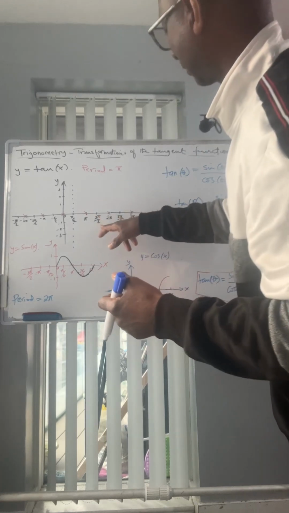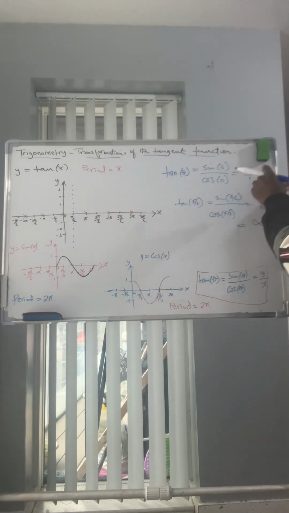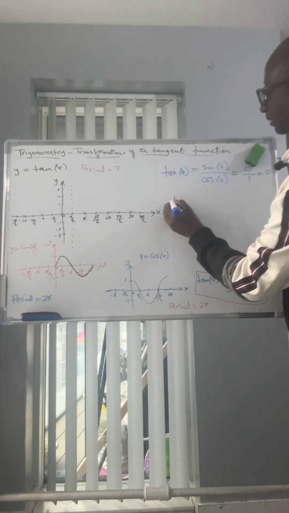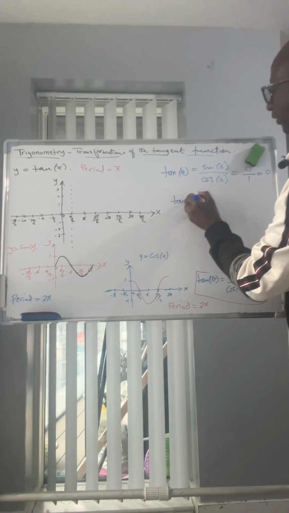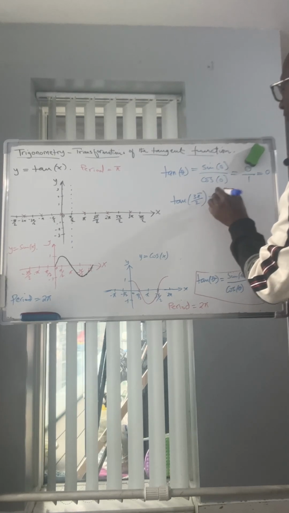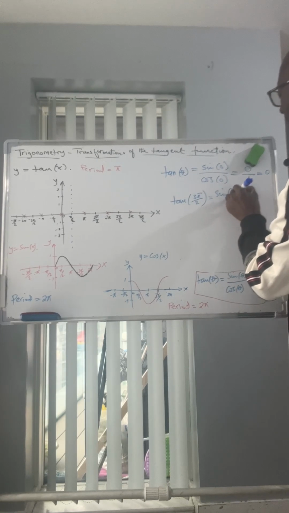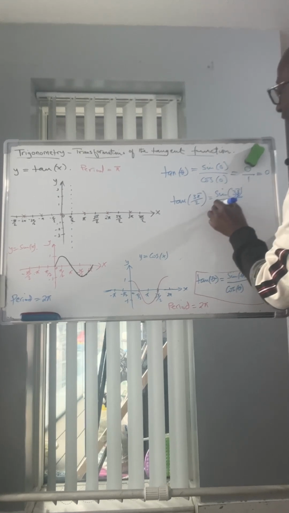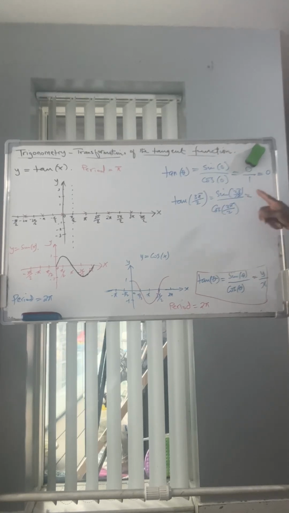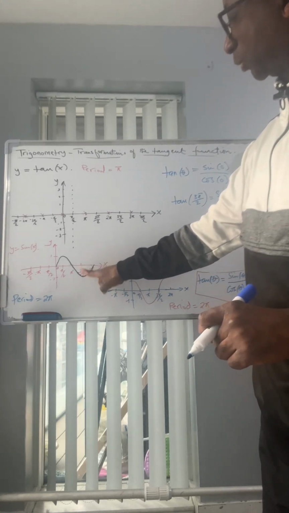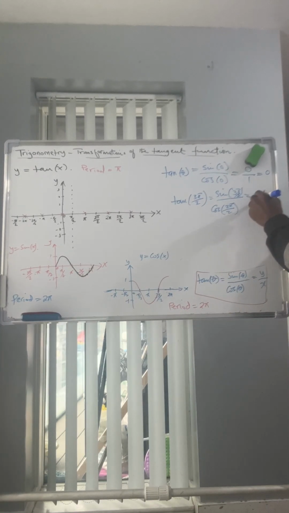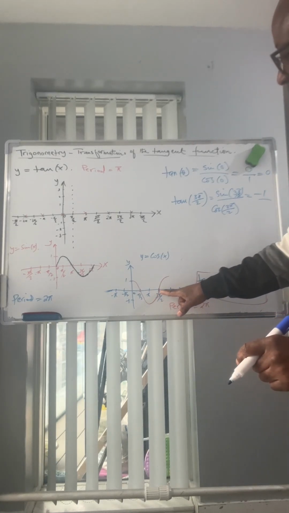So now let's see what happens at 3 pi over 2. The tangent of 3 pi over 2 is the sine of 3 pi over 2 divided by the cosine of 3 pi over 2. Sine of 3 pi over 2 is minus 1, divided by the cosine of 3 pi over 2, which is 0.